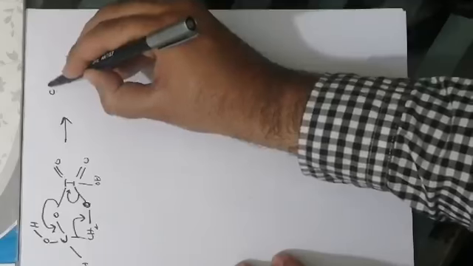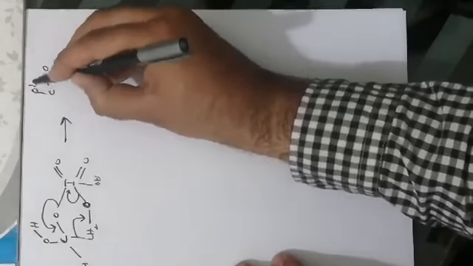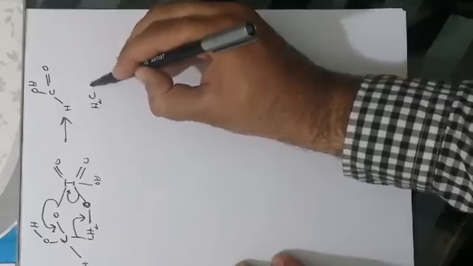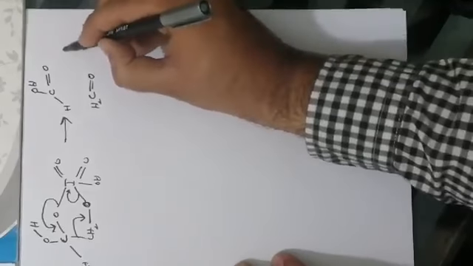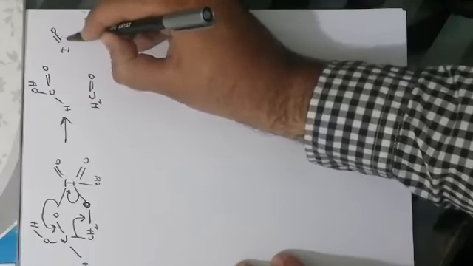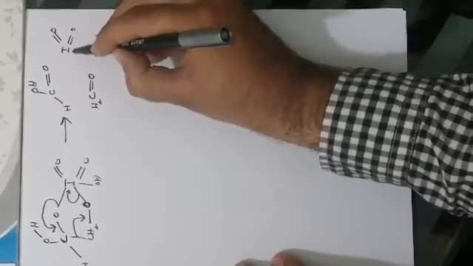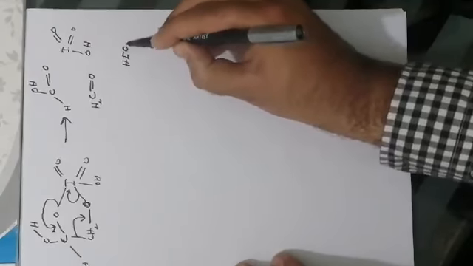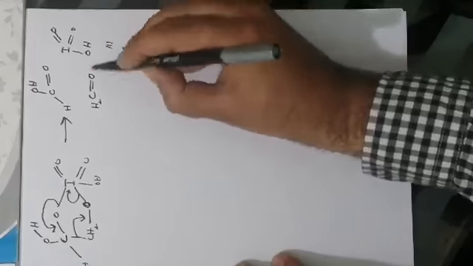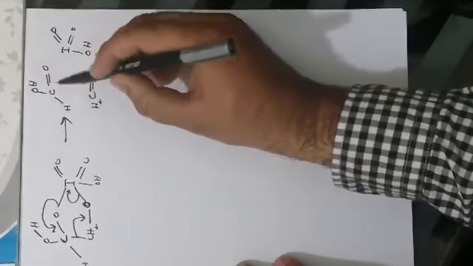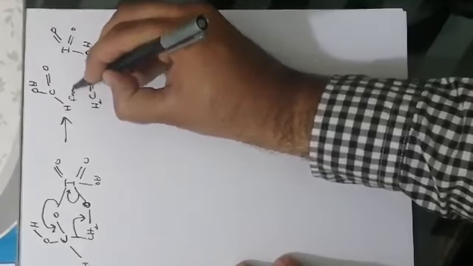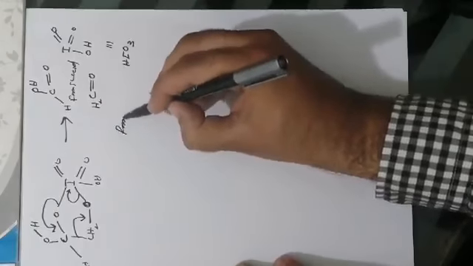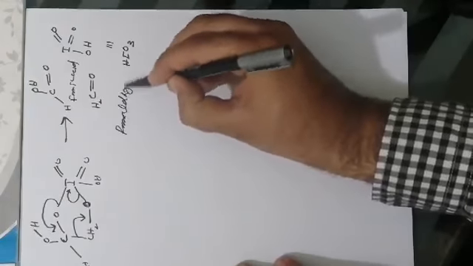So you will get carbon double bond oxygen OH, CH2 double bond O, and IO double bond O, I double bond O, OH, HIO3, and one molecule of formic acid and one molecule of formaldehyde is formed.